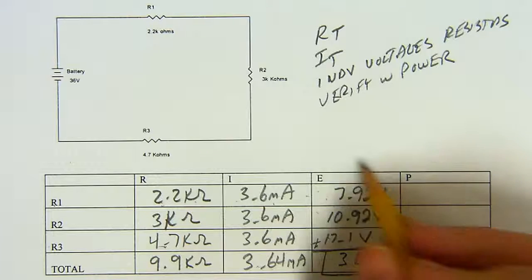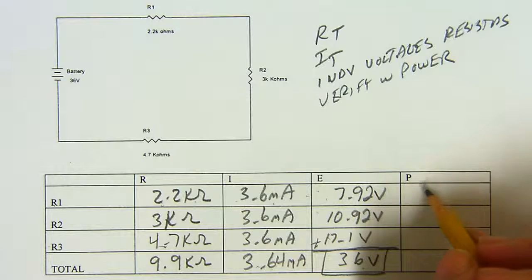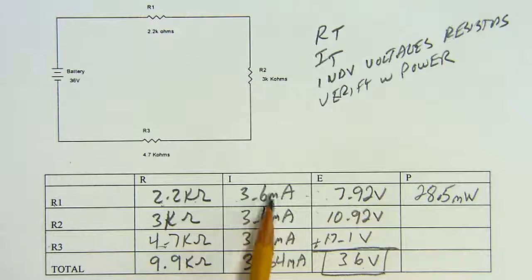So now we'll multiply to get our power values, and I'll let you guys do some punching. If anyone has any of them, just holler it out. For R1, 28.5, and what kind of watts? And milliwatts, yes. Because we multiplied with a milli, our answer is going to have a milli.